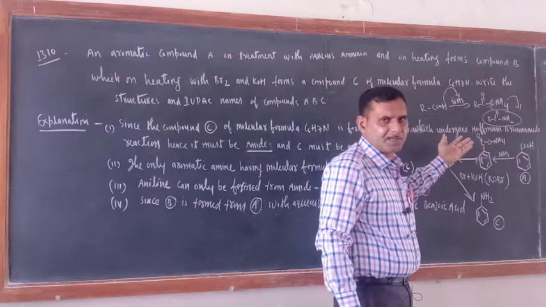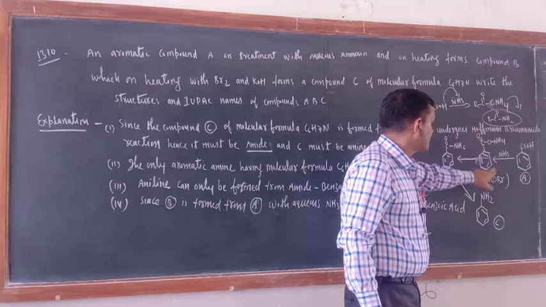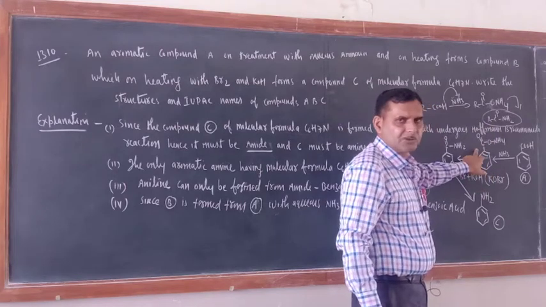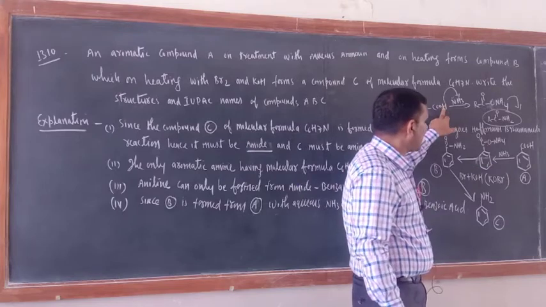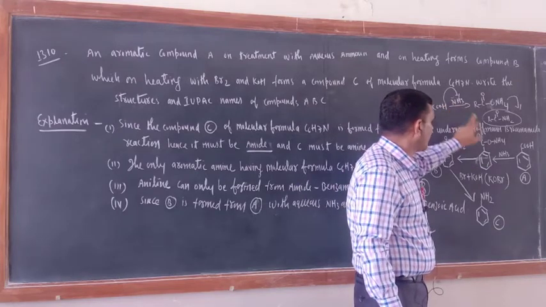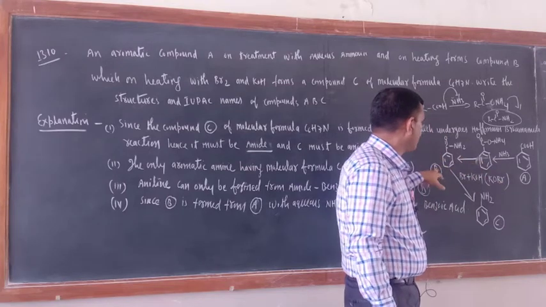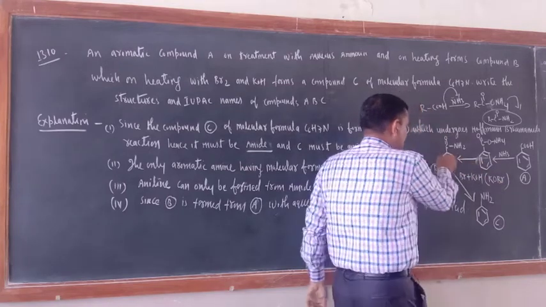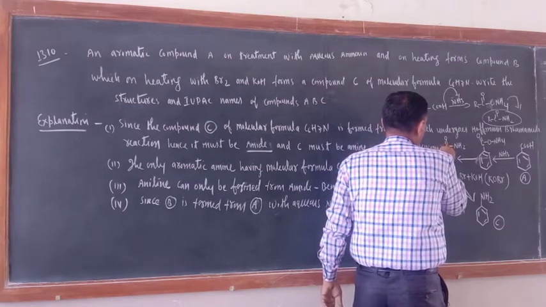So your final product would be an amide only. I wrote this here so that confusion cannot be there. Now you shift the H of the carboxylic acid to ammonia, and you have got this one. This is amide B. What is the name of this one? Benzamide. This is the IUPAC name, benzamide.